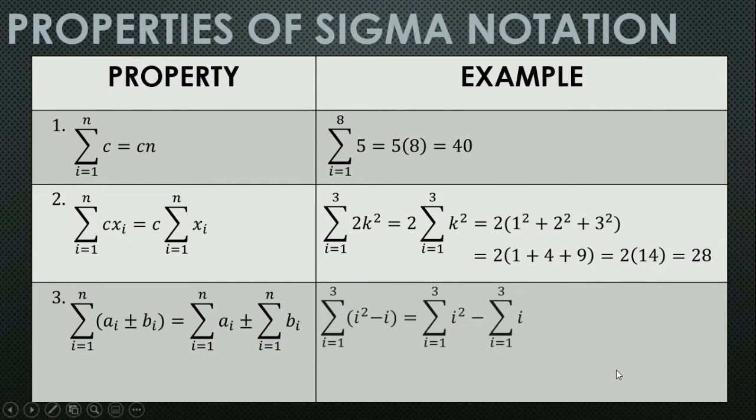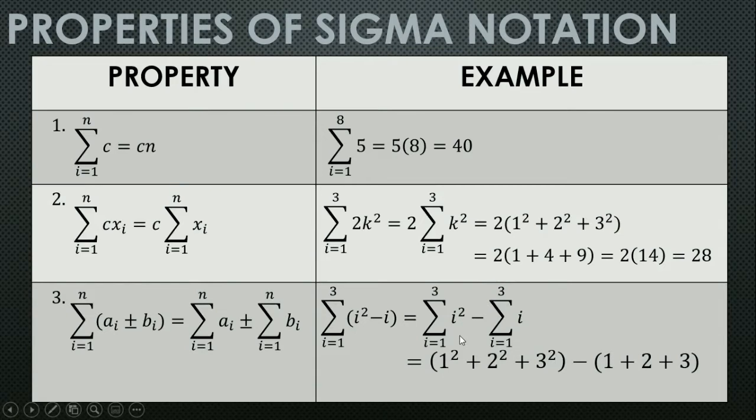Understood? For example, we have the summation of I squared minus I from 1 to 3. It can be written as the summation of I squared from 1 to 3 minus the summation of I from 1 to 3. Pwede natin silang paghiwalayin. We give them their individual summation symbol.